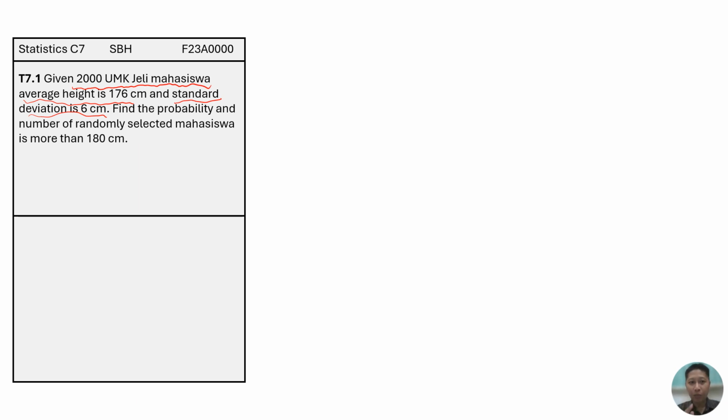Now find the probability and number of randomly selected mahasiswa, one mahasiswa, who is more than 180 cm. What would be the probability? And how many students are 180 cm or above, more than 180 cm?